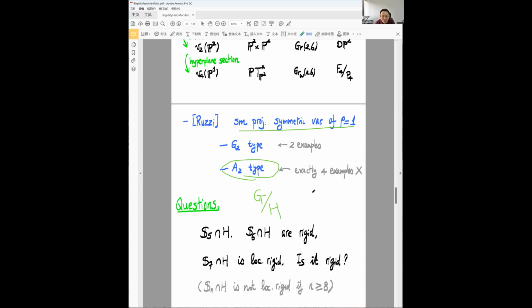H is contained in the stabilizer, and is one component of it. You have some involution on this G. On this G, the fixed part of this involution can have several components. So this H is sitting between this and also the connected component.